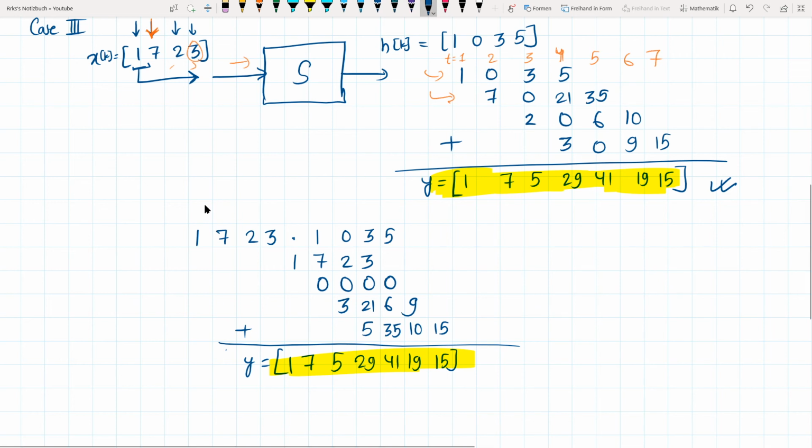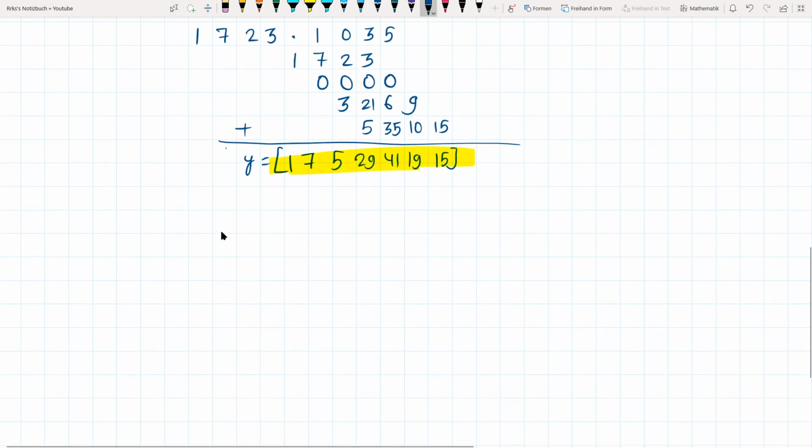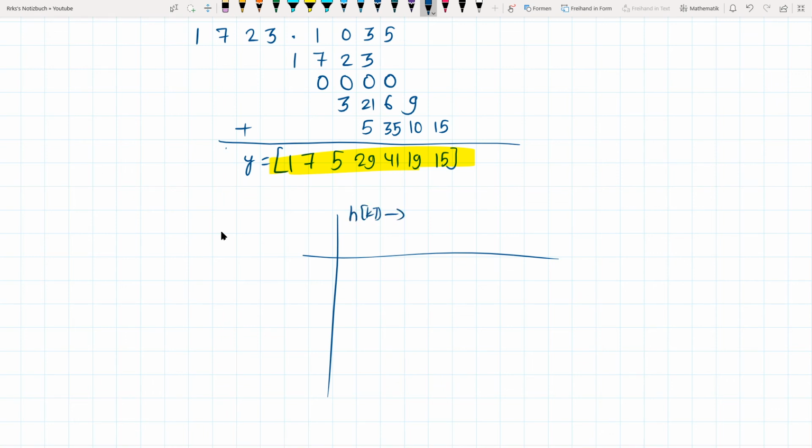So let me show you another method to do this convolution operation. This is the most famous, and I guess the easiest way to do convolution when you are asked in an exam, or when you have to complete it in a really short amount of time. So we'll write our impulse response on this axis, and we'll write our input on this axis.